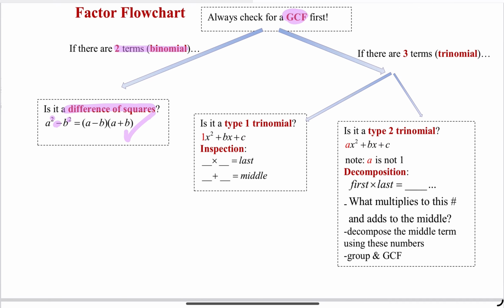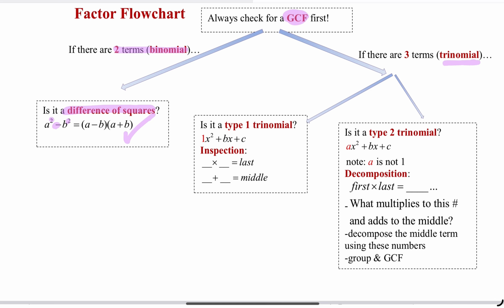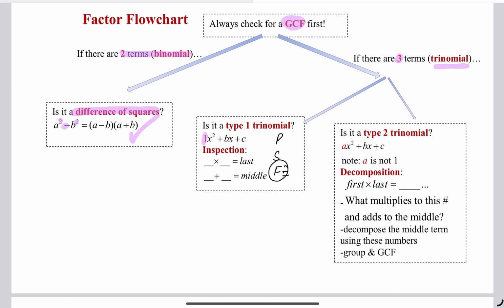If it's a trinomial, has 3 terms, then figure out if it's a type 1 trinomial or type 2 trinomial. So type 1 would be when there is 1 as your coefficient. All you do is find the product and sum factors, and whatever factors you get, you put them as your answer, okay? Like let's say your factors are minus 3 and 2, you'll just say x minus 3 times x plus 2, okay?